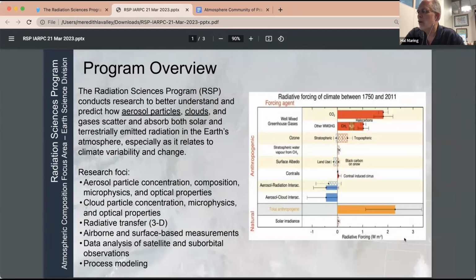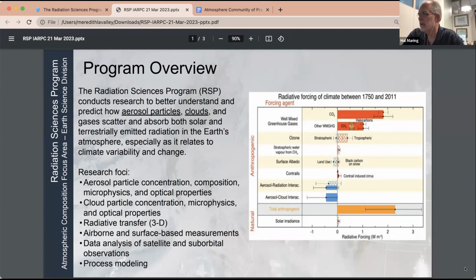Okay, the overall thrust of the Radiation Sciences program is to better understand how aerosol particles, clouds, and gases interact with the Earth's energy budget. And that's a big job, and so I've focused down on that. That iconic image to the right comes from the IPCC.